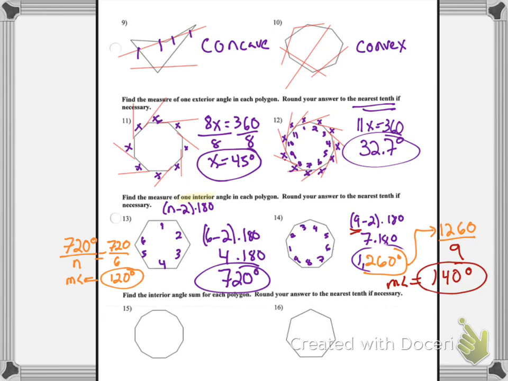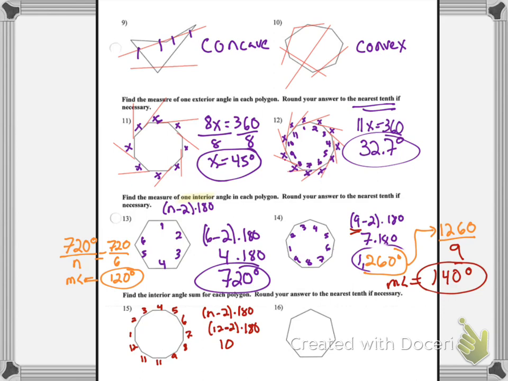So to do this, we have to count the sides. 1, 2, 3, 4, 5, 6, 7, 8, 9, 10, 11, 12. So you're going to have to do n minus 2 times 180. So it's going to be 12 minus 2, yes, that's a minus sign, times 180.